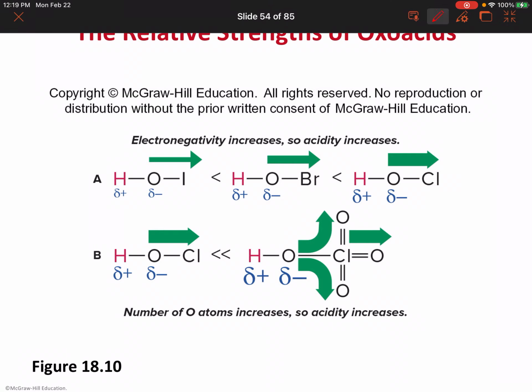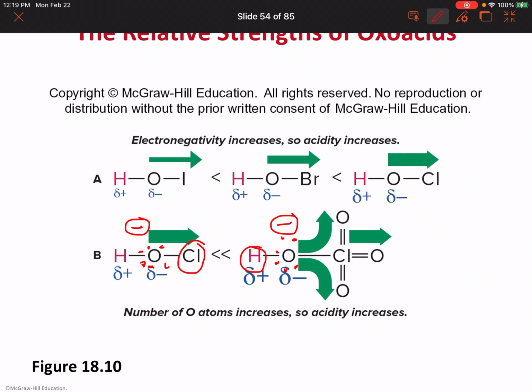So here, once the hydrogen has left, you would end up with an oxygen with a negative charge. Same thing here. Once the hydrogen is lost, that's what makes it an acid. So the negative charge is only stabilized by one chlorine atom here.